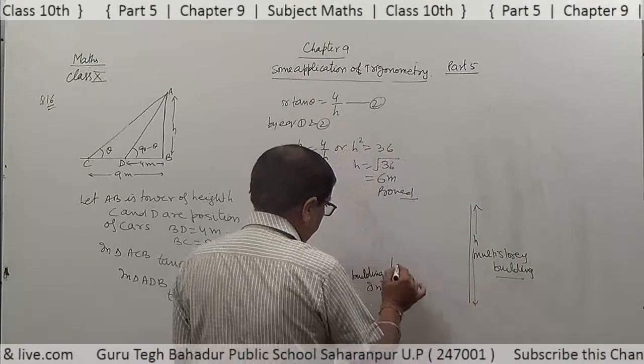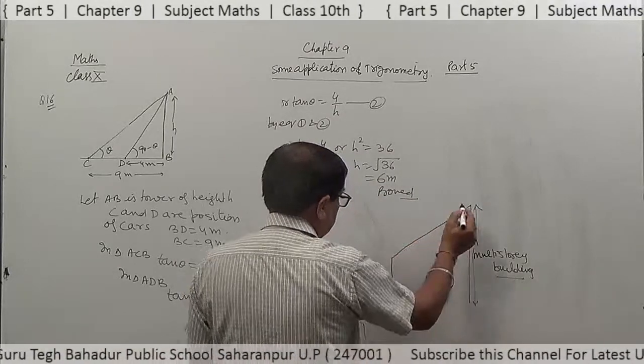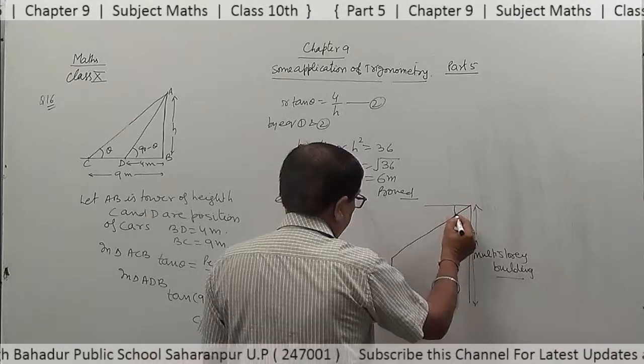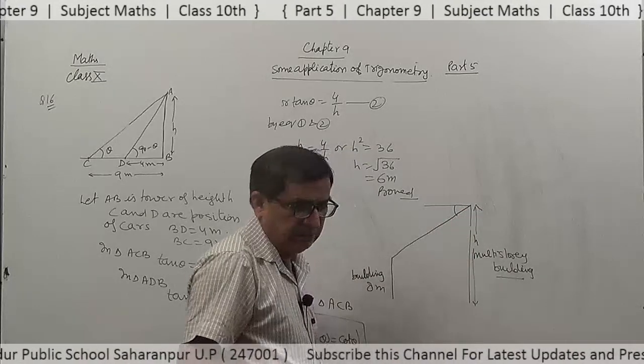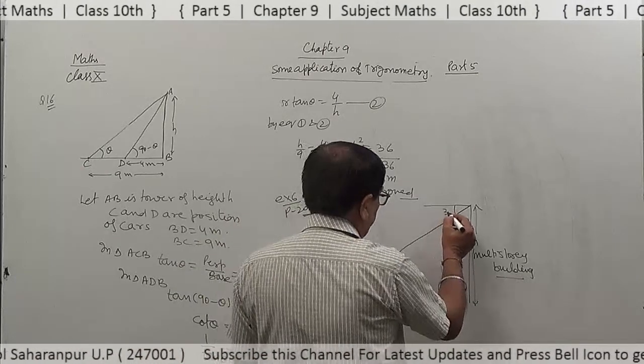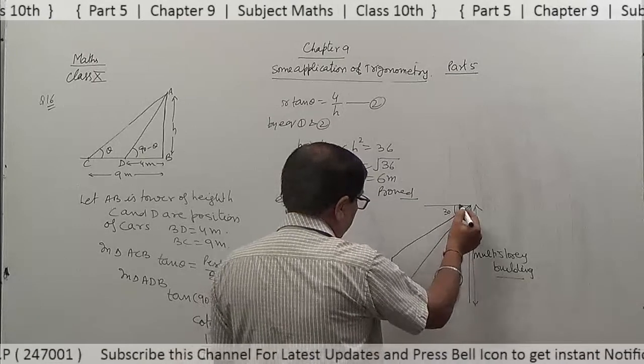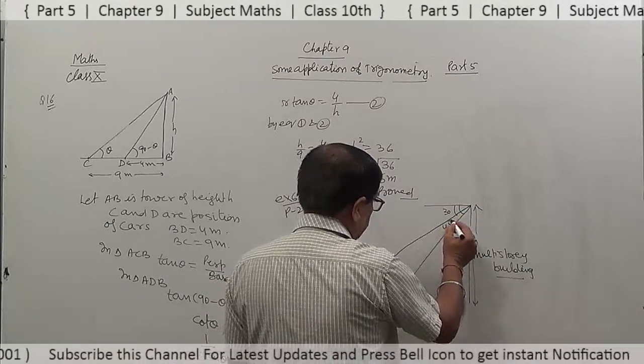When seen from its top, the angle of depression is 30 degrees, and to the bottom the angle of depression is 45 degrees.